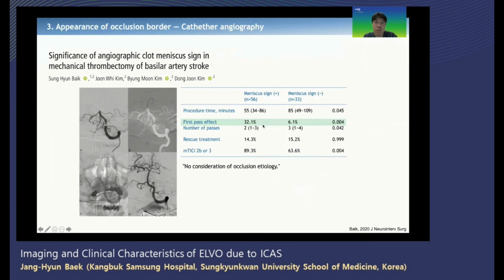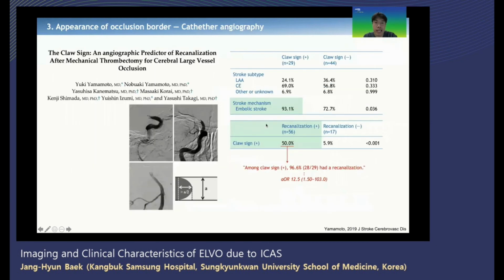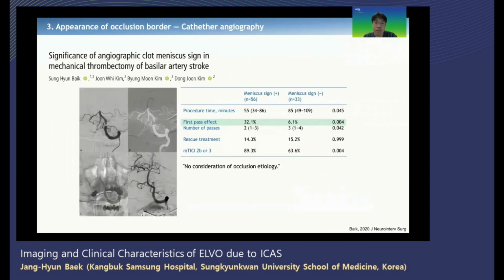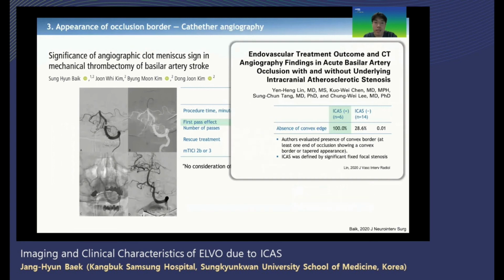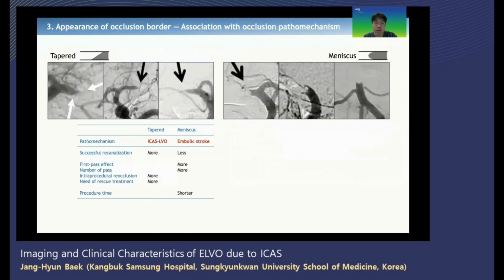It was more frequently seen in embolic stroke, but it was not directly suggestive of occlusion pathomechanism. In one study, meniscus shape of the occlusion border on CT angiography was highly associated with ICAS. In conclusion, among occlusion border appearances, tapered and meniscus shapes seem to be particularly meaningful, especially in occlusion pathomechanism.